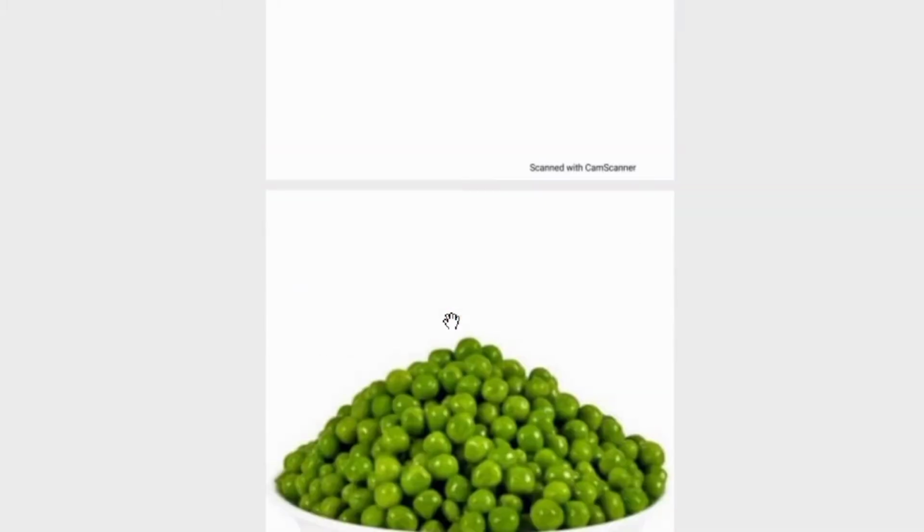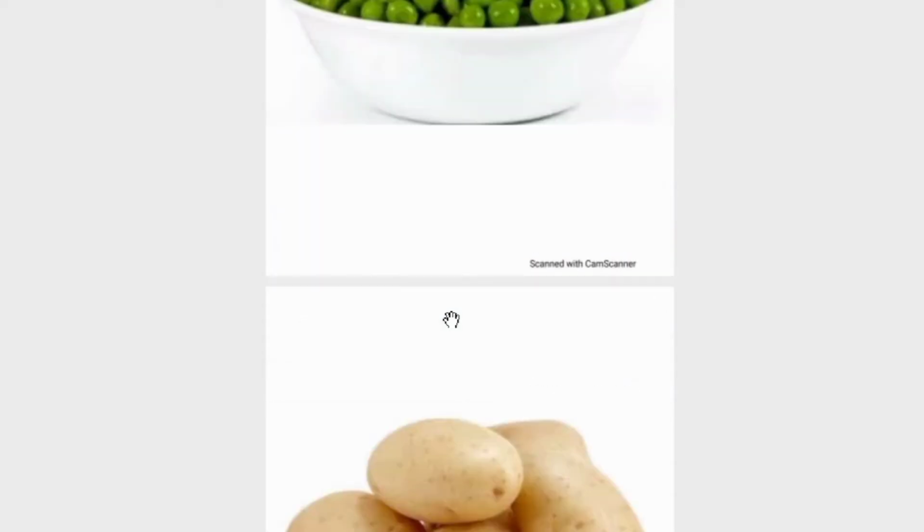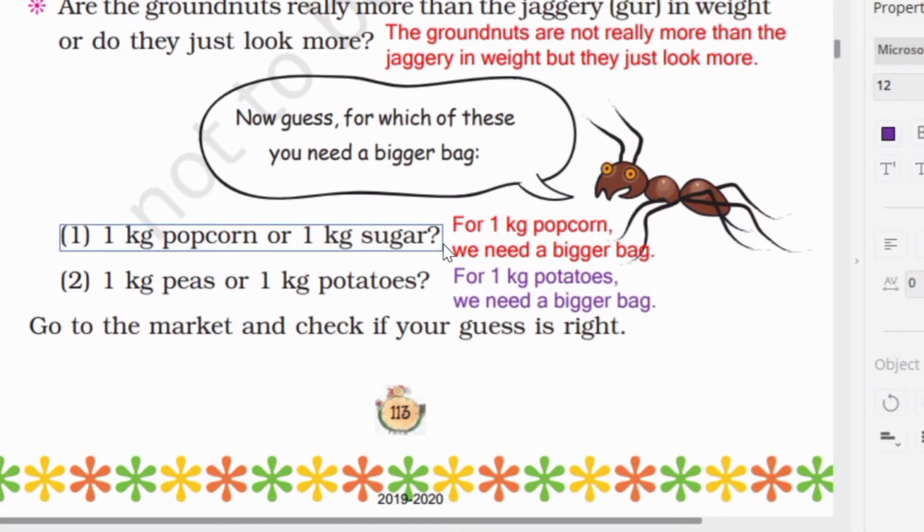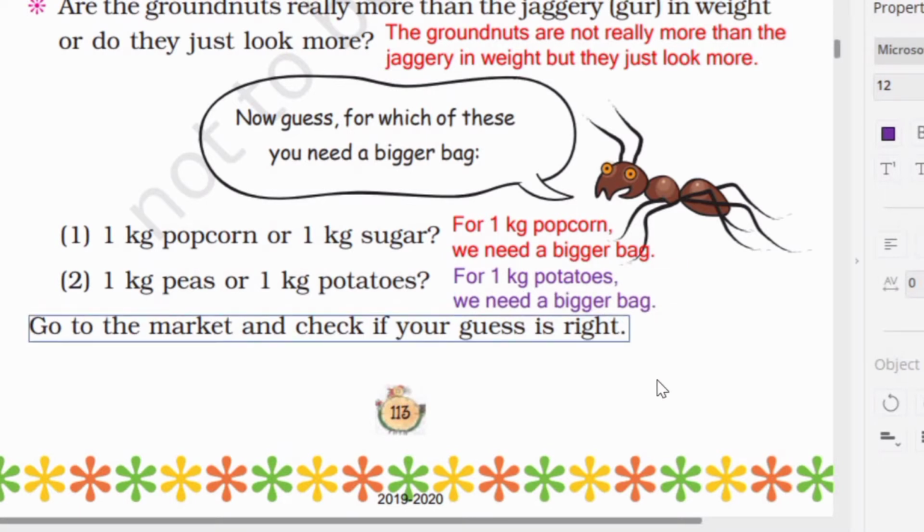Now, for 1 kilogram peas or 1 kilogram potatoes, for 1 kilogram potatoes, we need a bigger bag. Yes, you are right. So you can write, for 1 kilogram popcorn, we need a bigger bag. For 1 kilogram potatoes, we need a bigger bag. Now next.